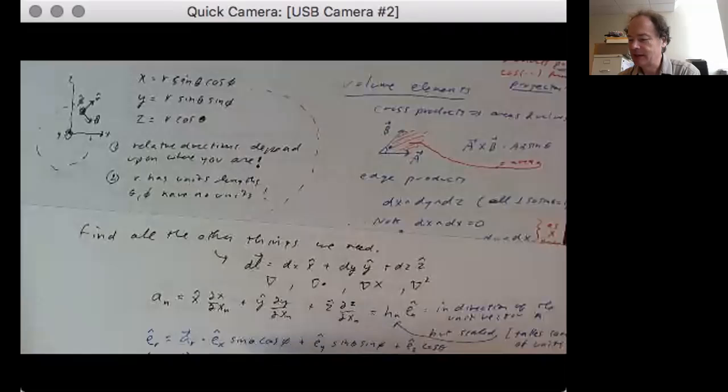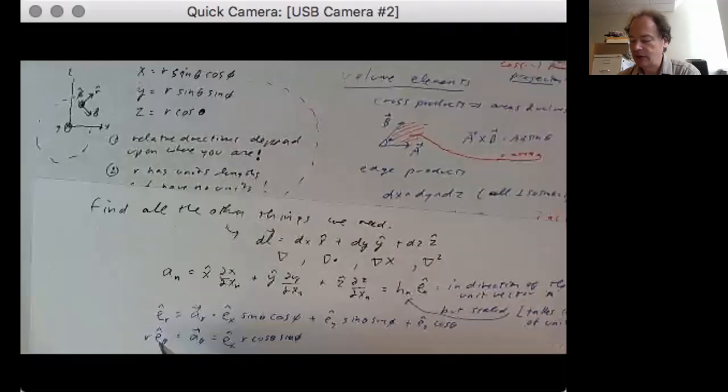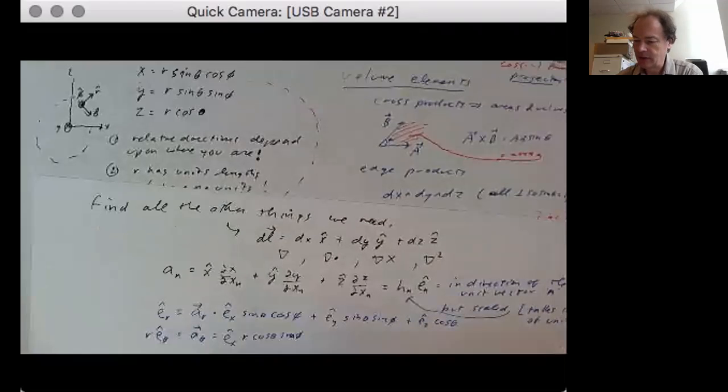So with the derivatives of x, y, and z, we're left with units when all is said and done. That's why we've got to pull them out, and that's this h coming out here. So we have h_r is equal to 1, h_theta is equal to r.